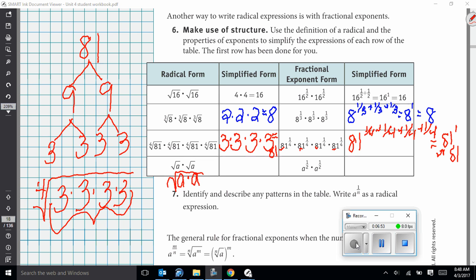So just a. And so a to the 1/2 times a to the 1/2 is a to the first, because 1/2 plus 1/2 equals 1, so a to the 1, or just a.